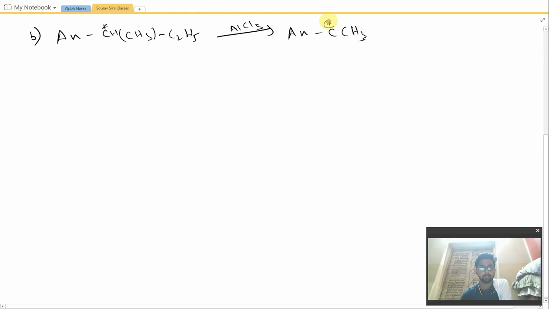Here, as you can see, the hydride ion is extracted from this compound, giving An-C plus CH3 C2H5 plus AlHCl3 minus.